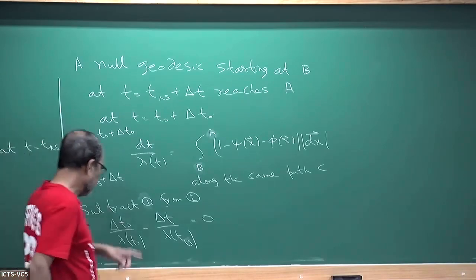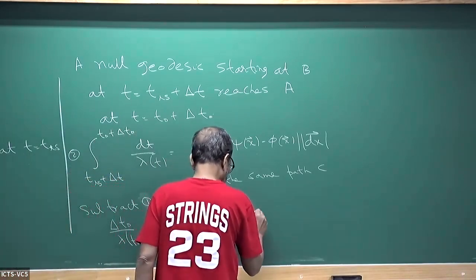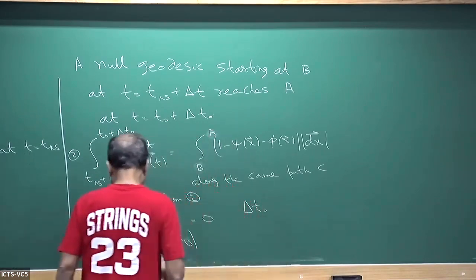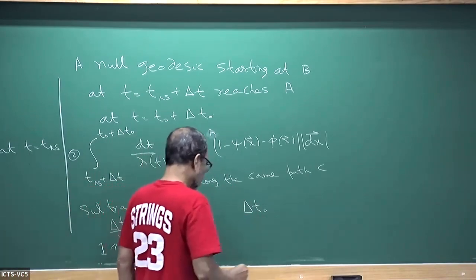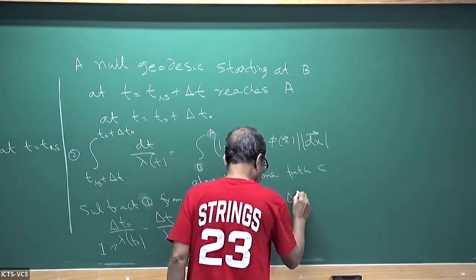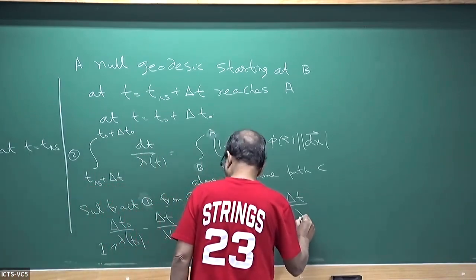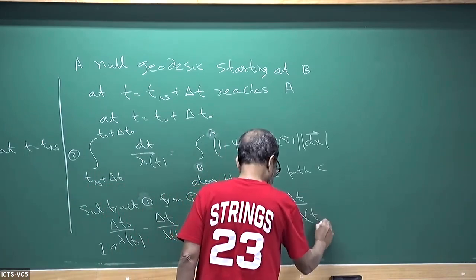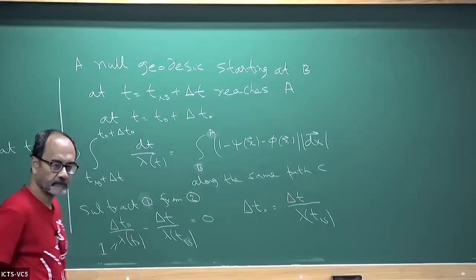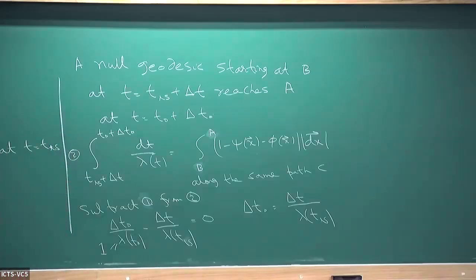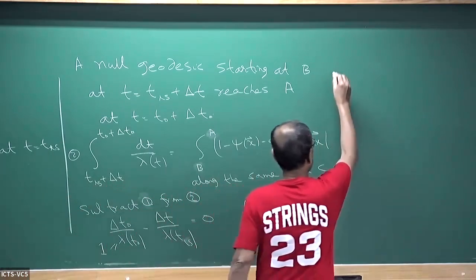Okay, so this gives us delta T naught. Lambda T naught is 1 by definition. So this is delta T over lambda TLS. Now, at the time of last scattering, if you look at delta tau, let's suppose tau is the proper time.